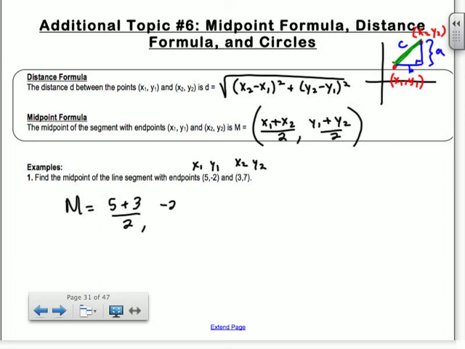Averaging the y's, so -2 plus 7 divided by 2. So you get 8 over 2, which is 4. You get 5 over 2, which is 2.5. It doesn't matter. Okay, do I need to draw that out, or do you guys understand that concept? You got it? Okay.